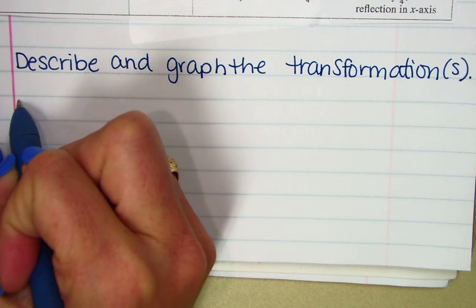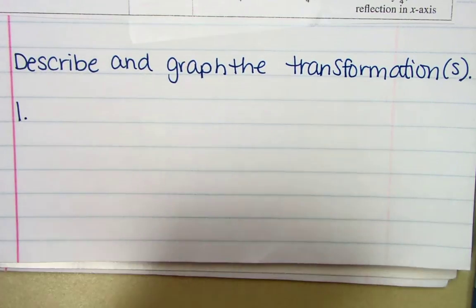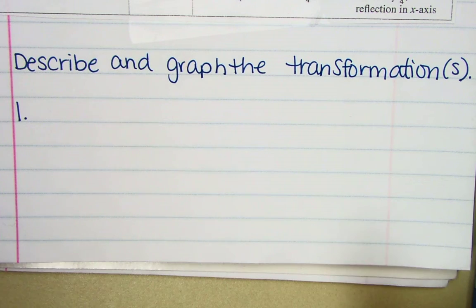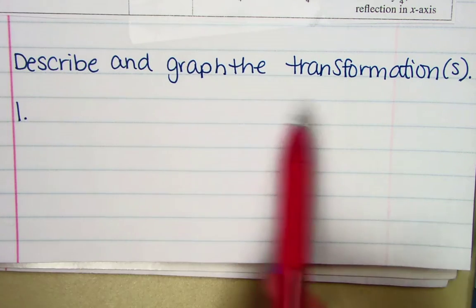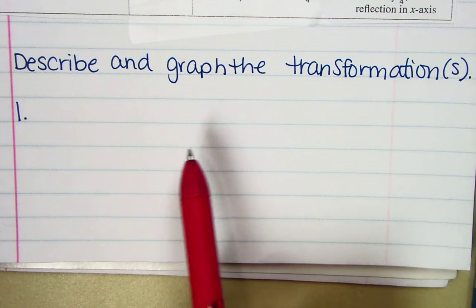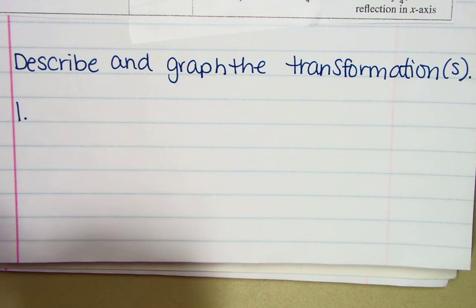Okay, let's see. Number 1, in the computer, f of x, the one you start with, is red, and g of x is going to be blue. So I'm going to do that as much as I can here, so you can see. It'll look the same as what's on the practice.